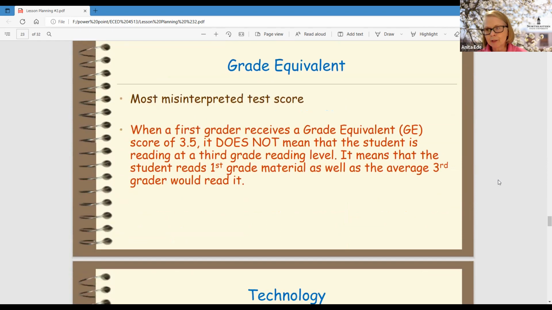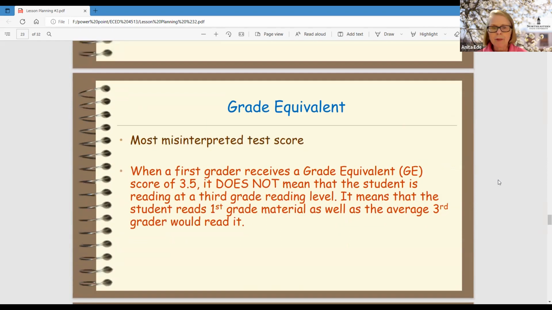And then here's the one that gets people, the grade equivalent score. So you'll get a first grader, for instance, that comes home with a 3.5 grade equivalent. The first thing the parents say is, oh my gosh, look at that, Johnny's reading at third grade level, third grade, 5th month.